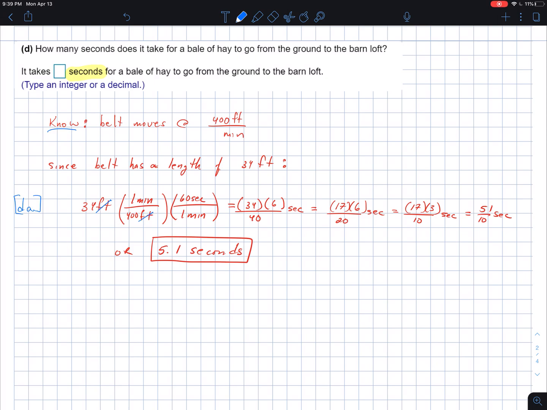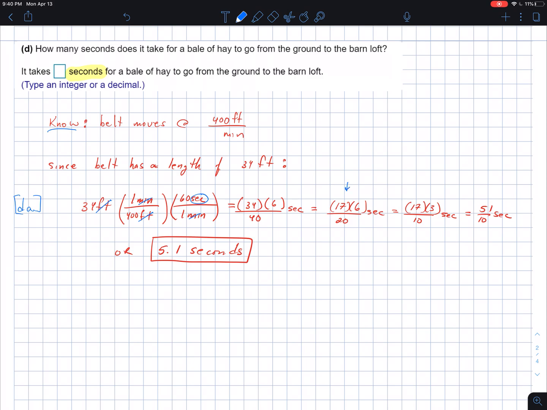Feet will cancel out. Notice that I'm just using conversion factors to get to the units that I want. Minutes will cancel out, leaving just seconds. Instead of using a calculator, I just did some cancellations. 60 divided by 400 is 6 over 40. So I just did that cancellation.